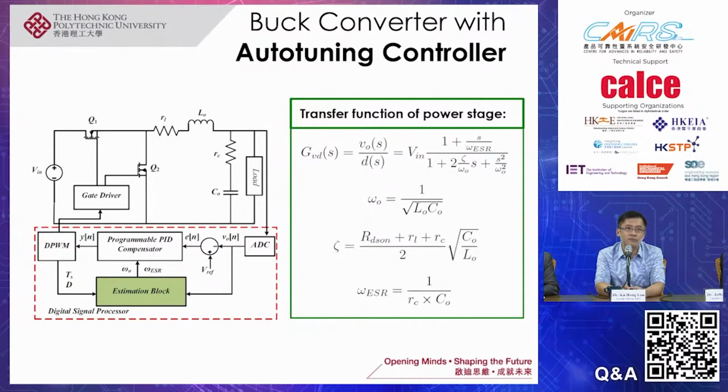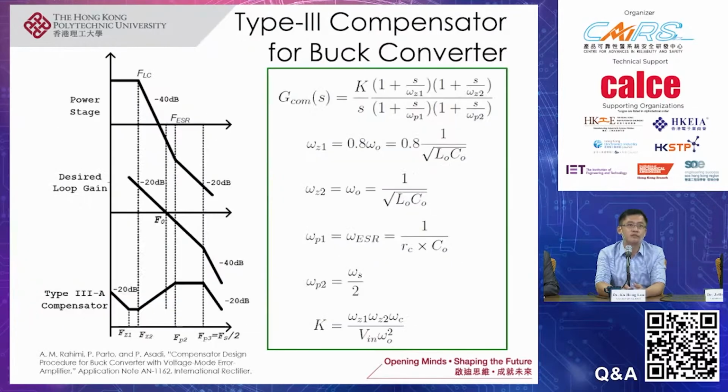You can see that both of these frequencies depend on the values of the inductance as well as the capacitance. So when the inductance value and the capacitance value change due to aging, we can see that the power stage of the buck converter will also change significantly in terms of its frequency response.